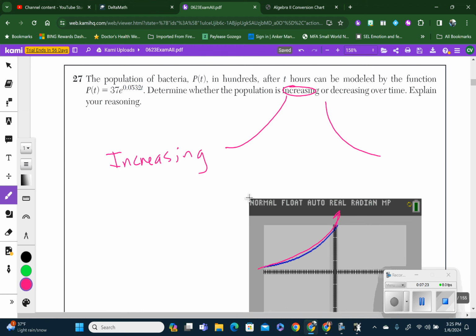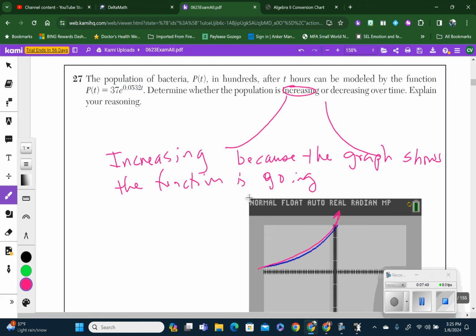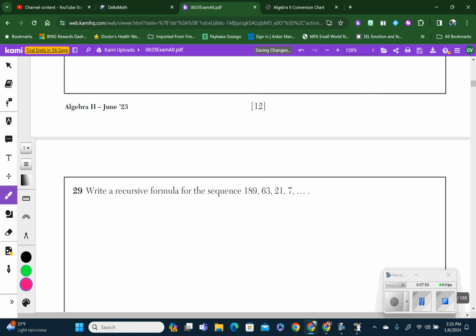And then if you say because the graph shows the function is going up from left to right. And again, please forgive my handwriting, but okay.